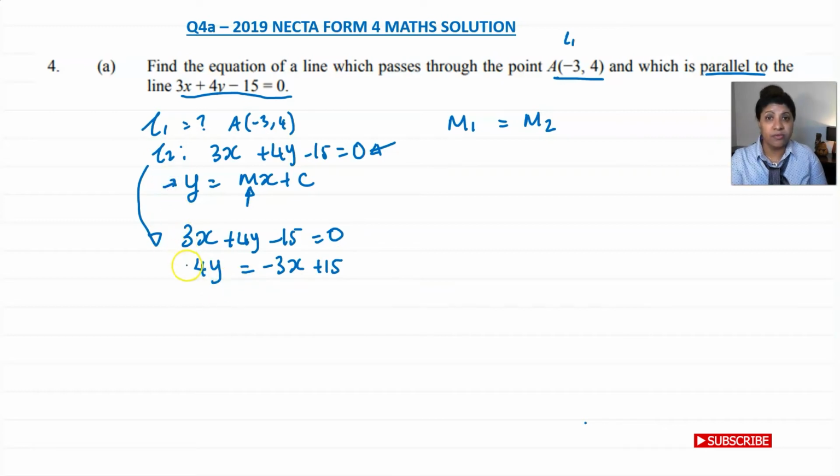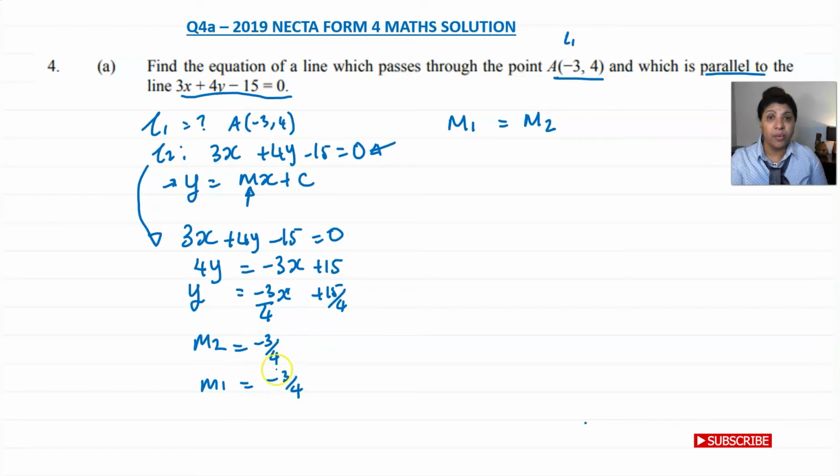I don't want 4y, you need to have it as y only. So you need to divide by 4 throughout, and that will give you y = -3/4 x + 15/4. So this means M2 is equal to -3/4, which means M1 is equal to -3/4.